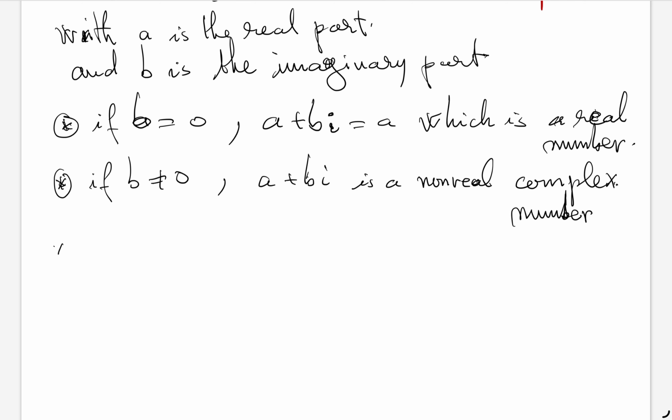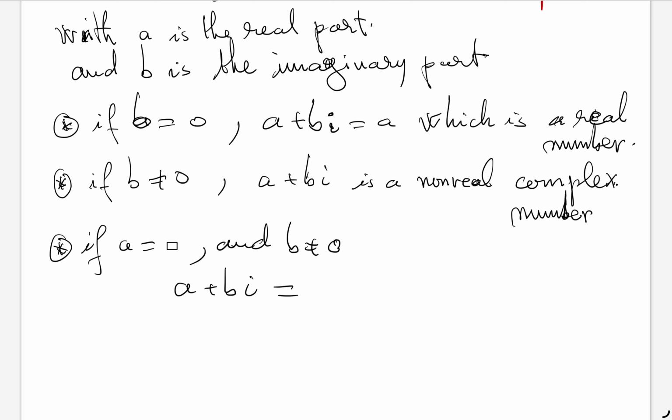Now you have the last one, which is if a is equal to 0, and also b is different to 0. So a plus bi is equal to bi.